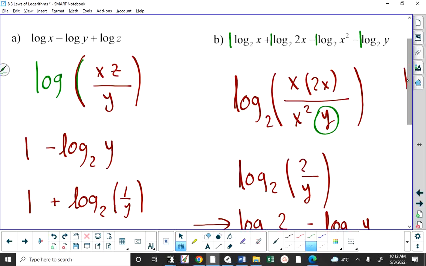Yes. Because the logarithm associated with it is negative. That's the rule. The first two are added together, so they're multiplied together, and then the second one is subtracted, so it's on the denominator.